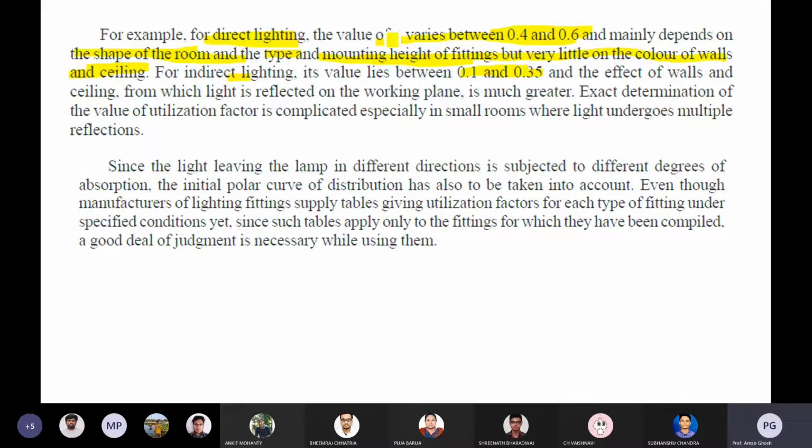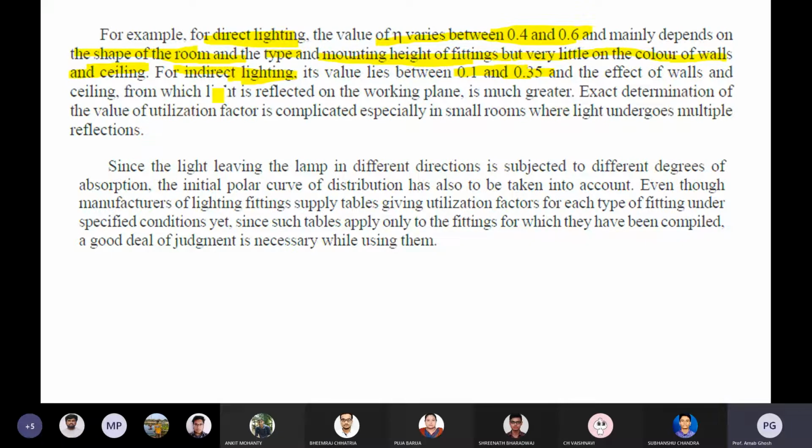Exact determination of the value of the utilization factor is complicated, especially in a small room where light undergoes multiple reflections.